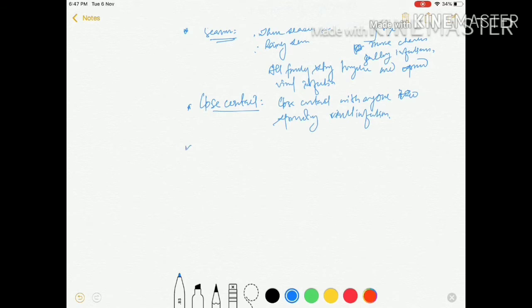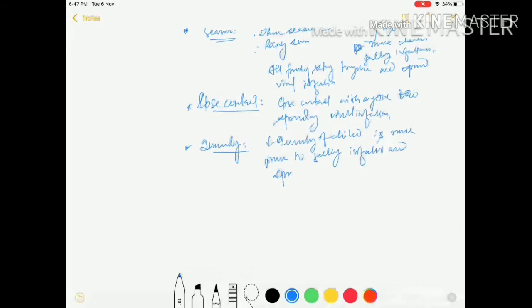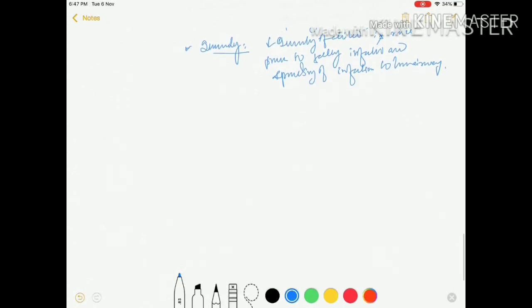Another one: not everyone is getting infected, so there must be some role of immunity. A child with decreased immunity is more prone to getting infected and to the infection spreading to the lower airway.